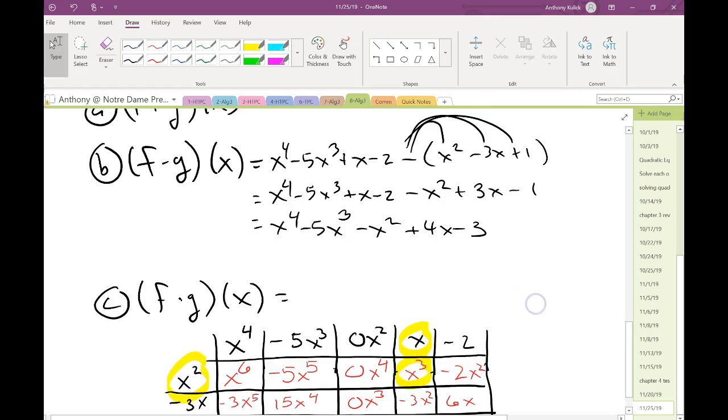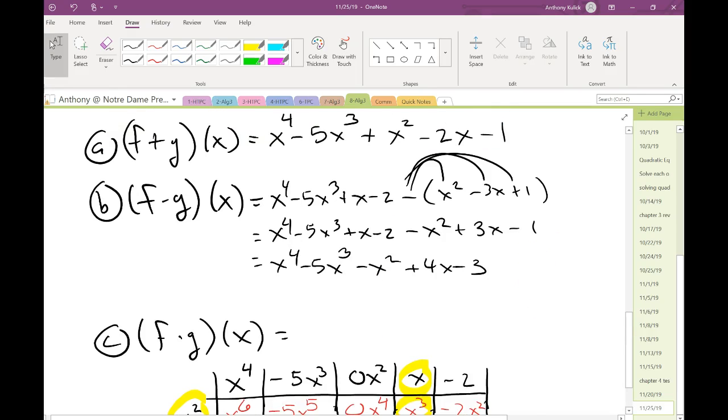Okay. So we did negative 2 minus a positive 1, which is the same thing as negative 2 plus a negative 1. And that's why we got the negative 3. So, yep. Once we've distributed that negative, we're done doing subtraction. Now it's just like adding. Does that make sense?